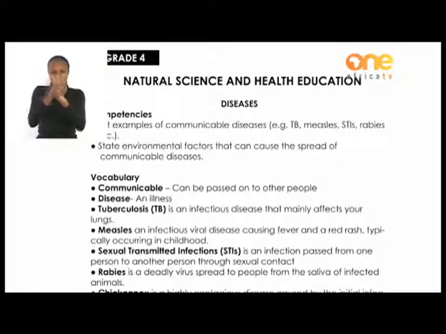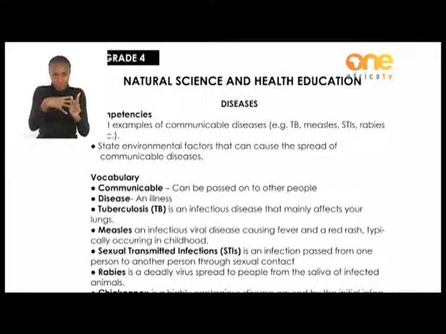At the end of the lesson, you must be able to list examples of communicable diseases. For example, TB, measles, STIs, rabies, and etc. You must be able to state environmental factors that can cause the spread of communicable diseases.